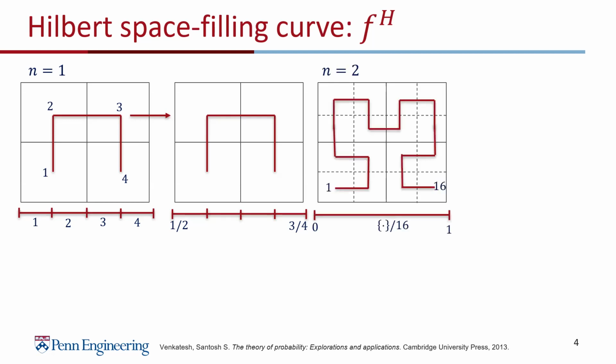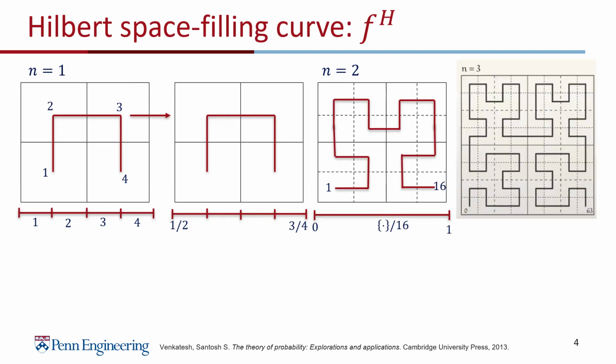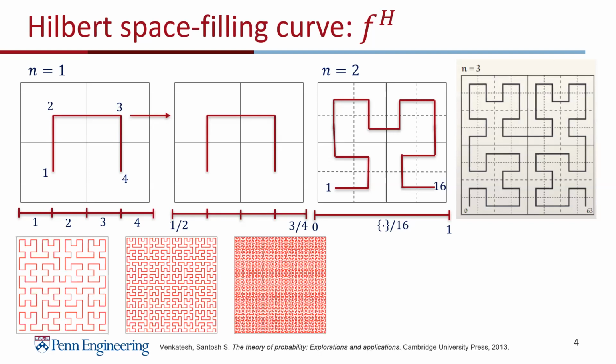So at stage 2, your curve is going to look something like this, because you're dividing each of the subsquares into 4 more subsquares, and the resolution is going to be 16. At stage 3, it's going to look a little bit more wrinkly. And as you increase n, it becomes more and more dense.